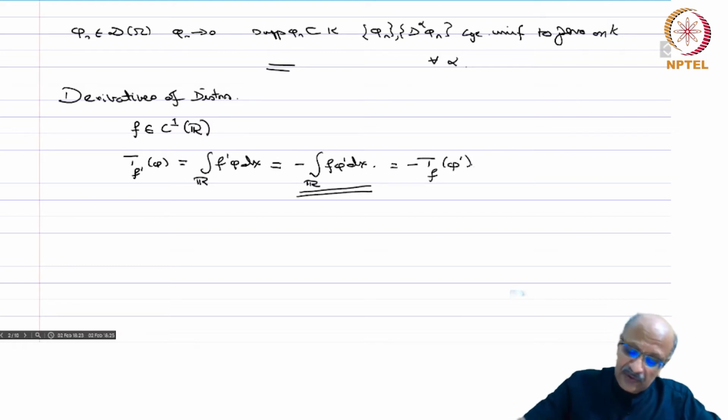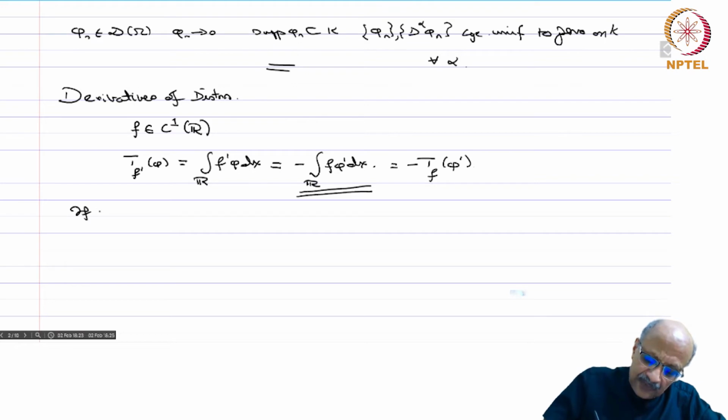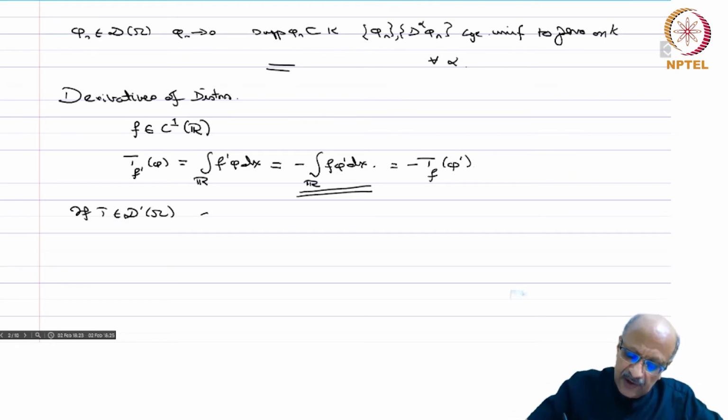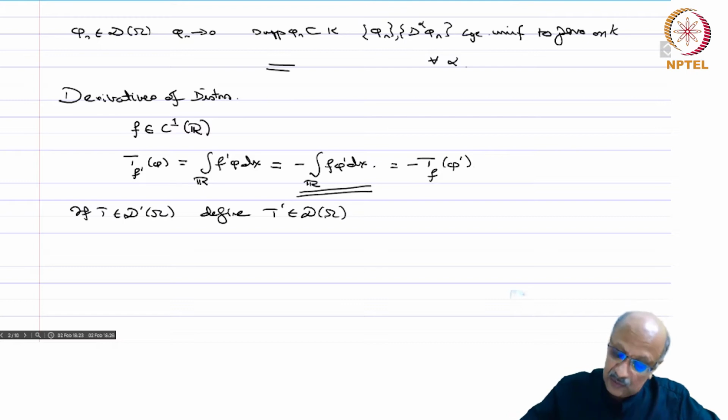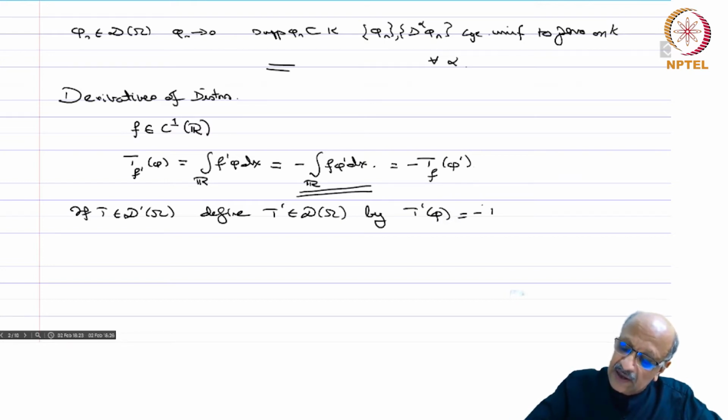We copy this in general. If T belongs to D prime is any distribution, we define T dash as a distribution, we will see why this is a distribution in a moment, such that T dash acting on any phi is equal to minus T acting on phi dash.